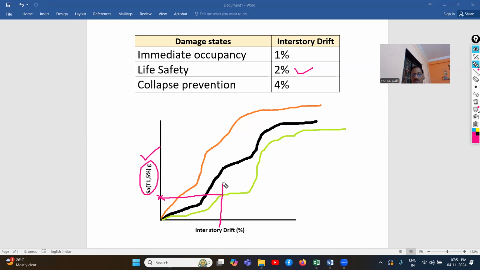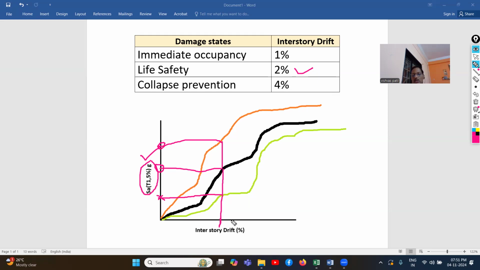Just extend the line for the second curve and read the value on the y-axis. This is the spectral acceleration value for life safety for the second curve, and for the third curve it will be this value. So we get three spectral acceleration values corresponding to interstory drift equal to 2%.